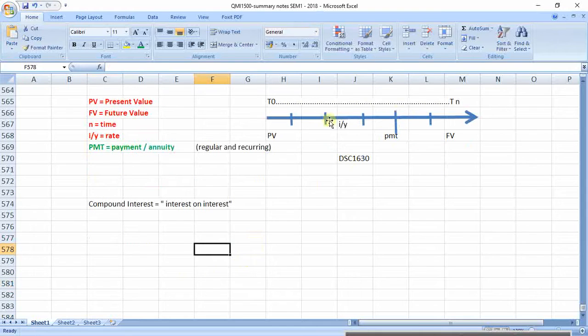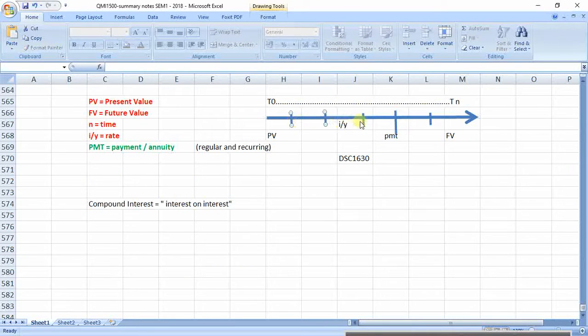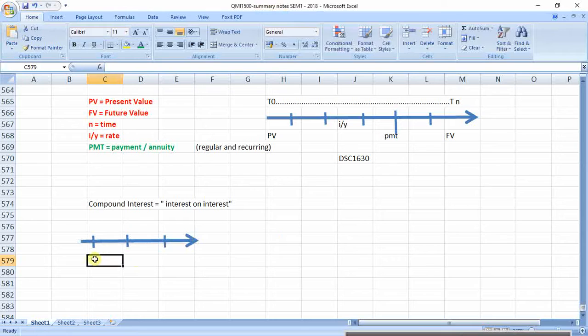Well, that means if I have something like this, let's say I start with 100 present value, and I'm compounding this at 10% per annum, compounded yearly.